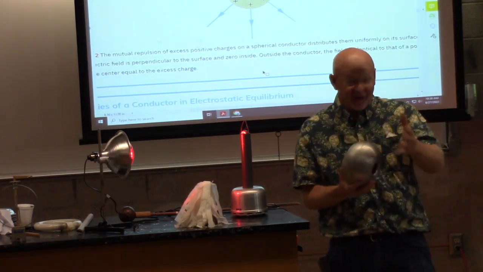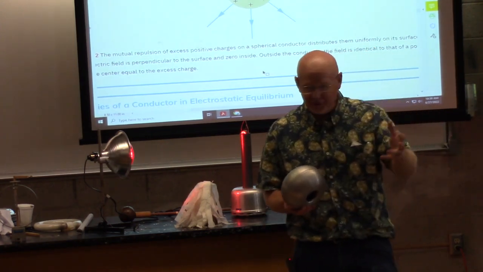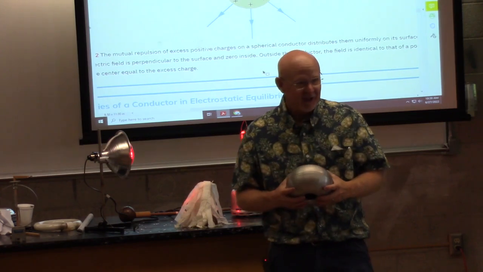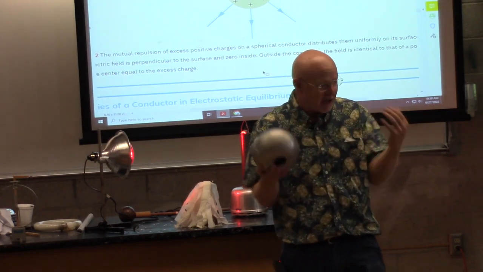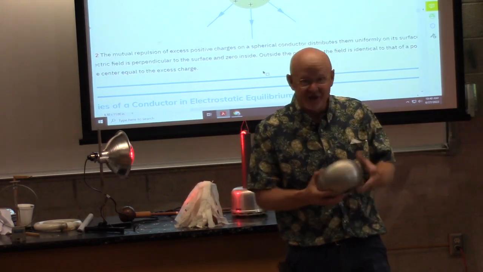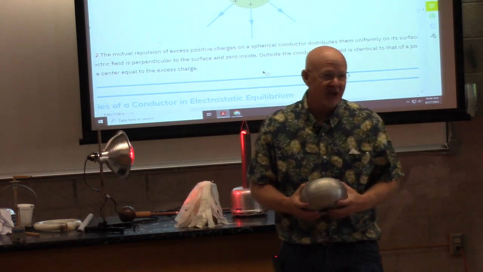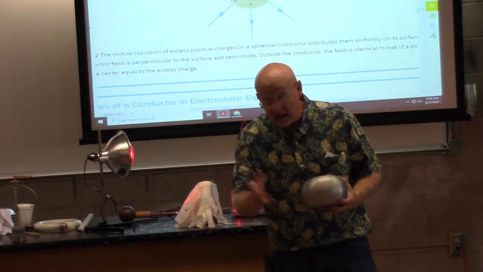And because it's conductive, the charges would move and shuffle around. And as they shuffled around, they would change the field. When would they stop being shuffled around? Well, when there's no more force on them. And there's no more force on them because the field has gone to zero. And so the whole argument is exactly the same.